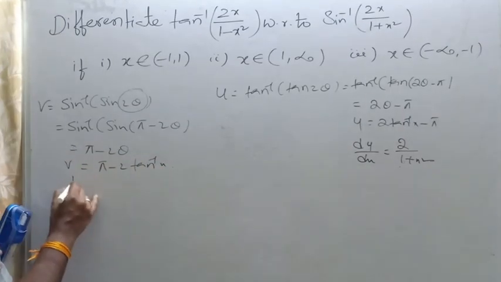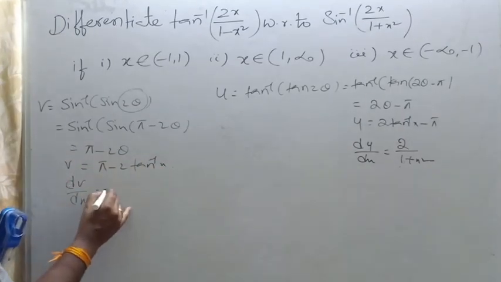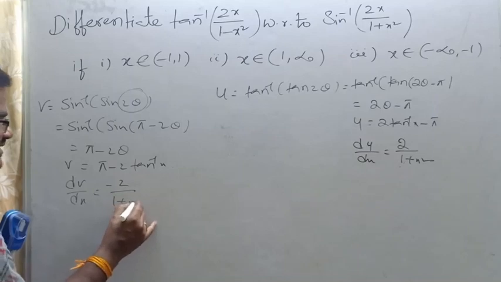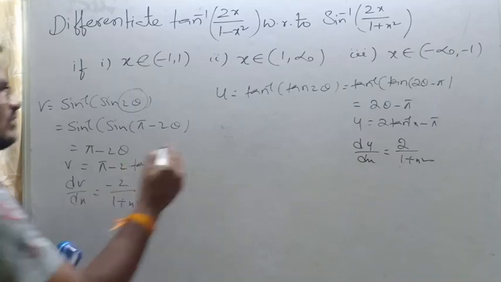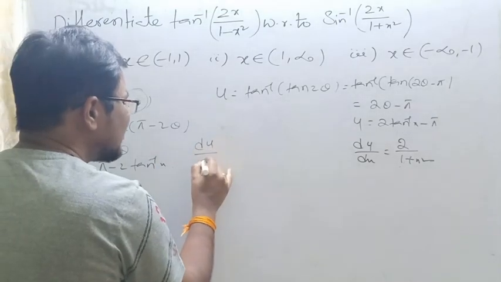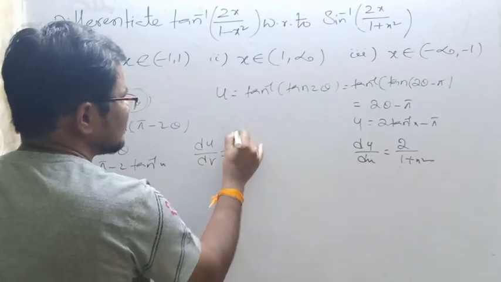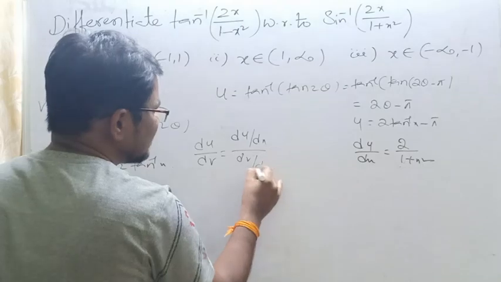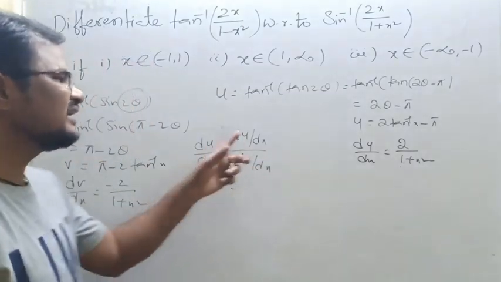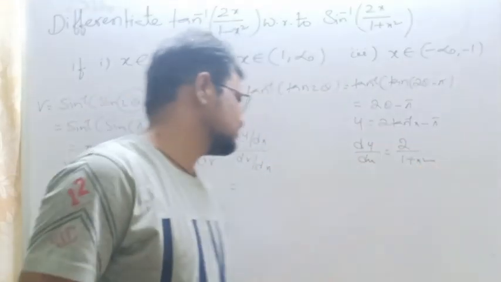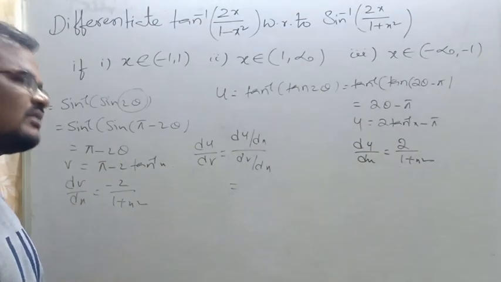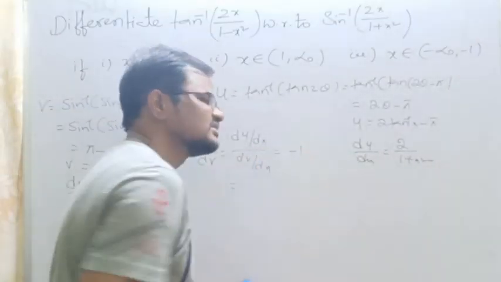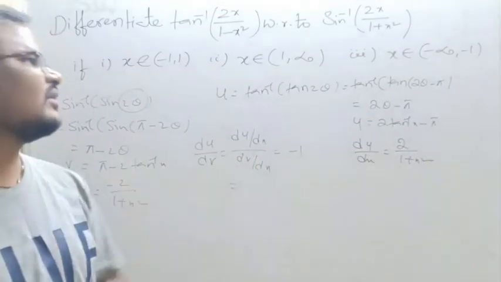Now dv by dx equals minus 2 by 1 plus x square. So what we have to find is du by dv. For that, du by dx divided by dv by dx. Now du by dx is 2 by 1 plus x square, and dv by dx is minus 2 by 1 plus x square. That is equal to minus 1, right?